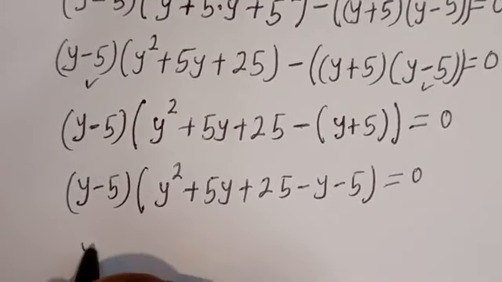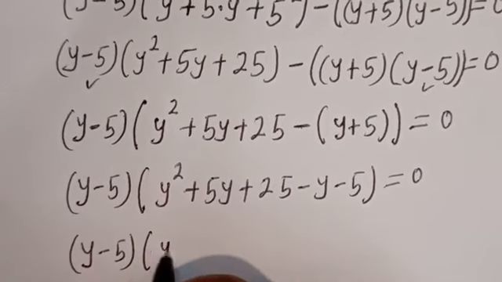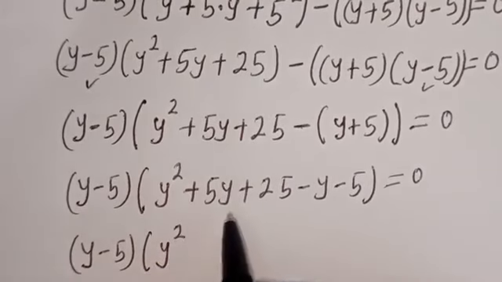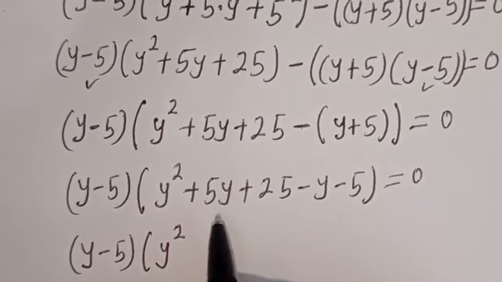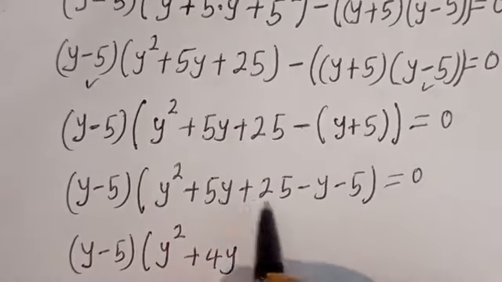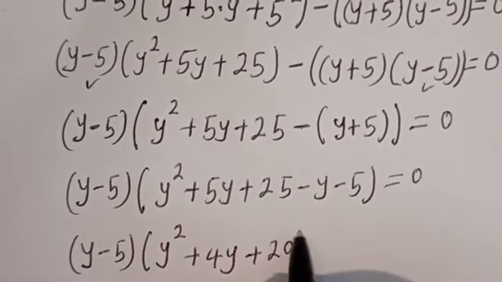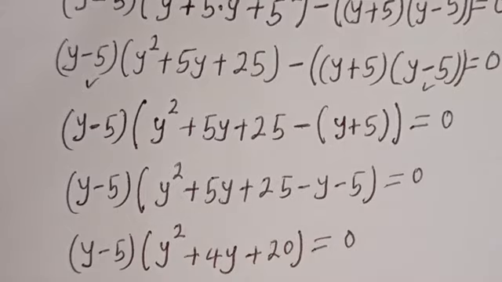Then we have y minus 5 bracket y square, this is 5y minus y, this is plus 4y, then 25 minus 5, this is plus 20, is equal to 0.